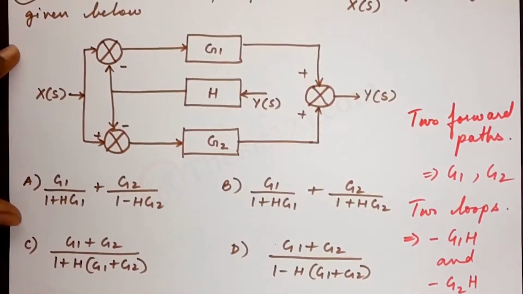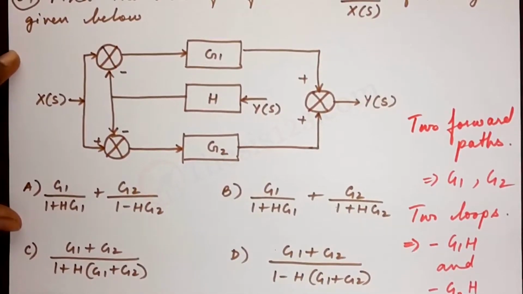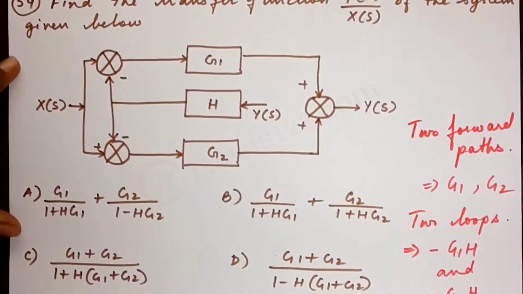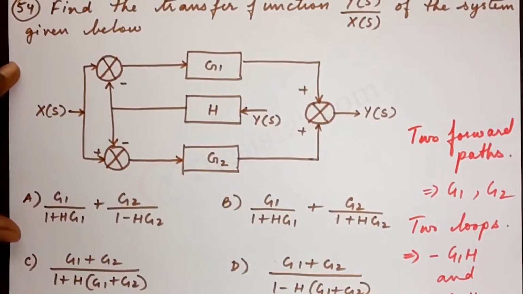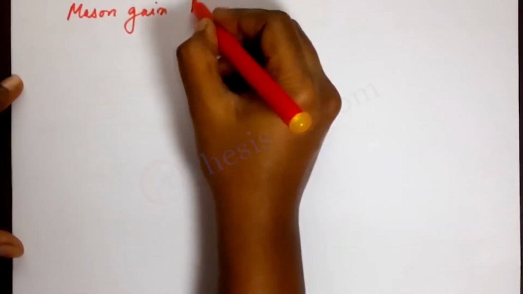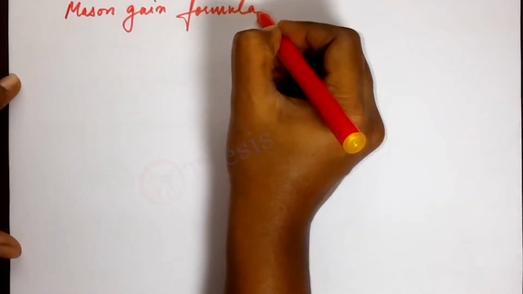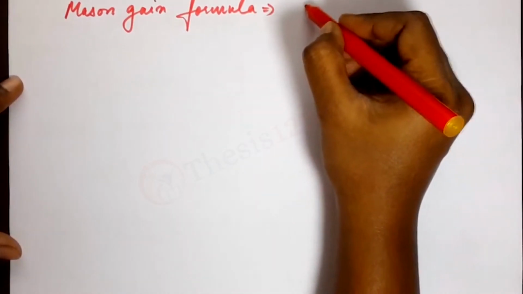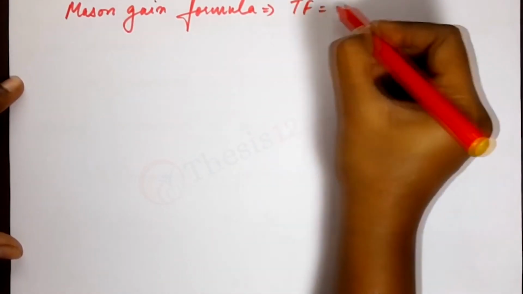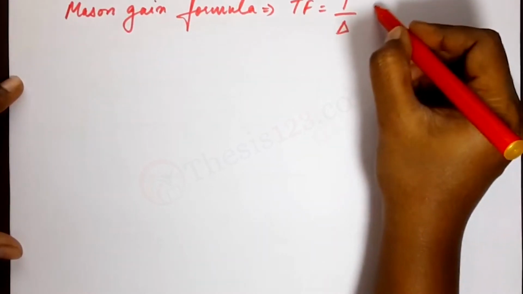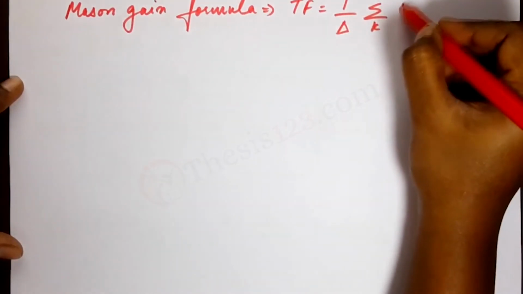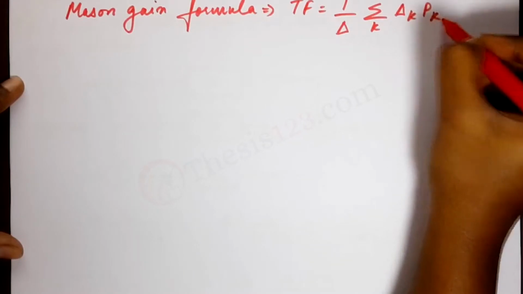So we have our two important parts: the forward paths and the loop gains. Now the next step is to plug both of these into Mason's gain formula. Recall, according to Mason's gain formula, the transfer function equals 1 by delta into summation of delta k P k.